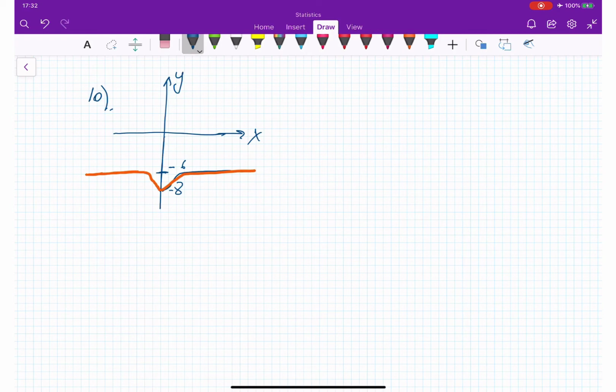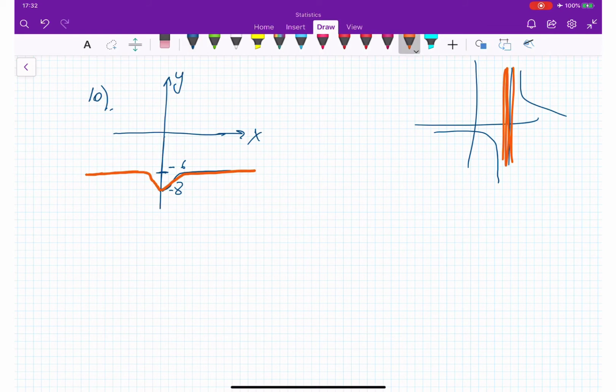First of all, do we have a vertical asymptote? No. One more time, let's say we have a vertical asymptote here. This one would be a vertical asymptote if the graph is running to here and running to this asymptote.